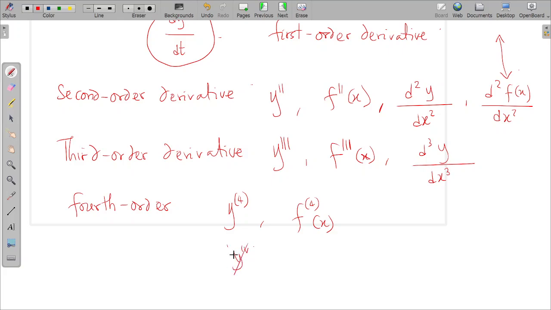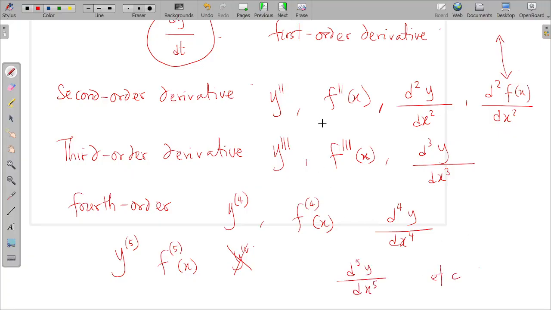So the fifth one will be f superscript 5. And it still remains the same for the fourth one, d4y over dx4, and for the fifth one, d5y over dx5.